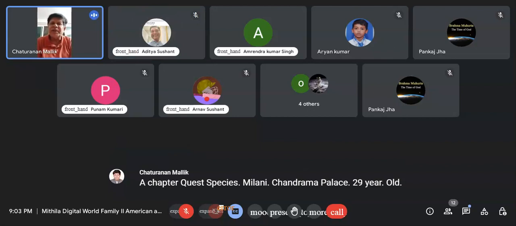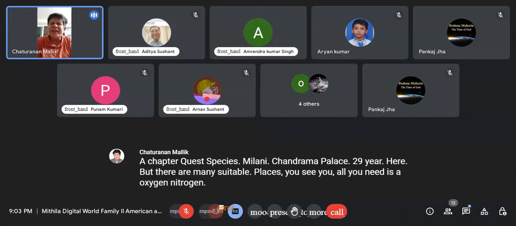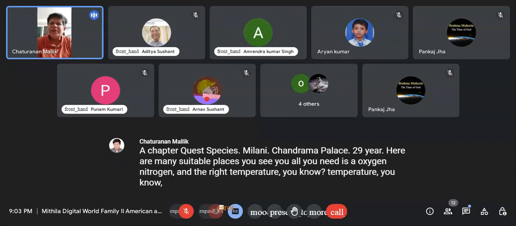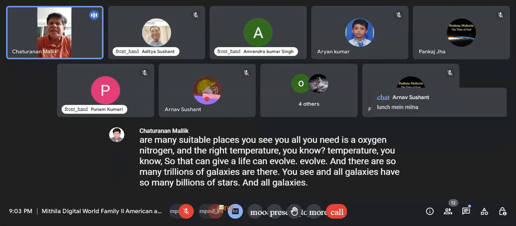But there are many suitable places. You see, all you need is oxygen, nitrogen, and the right temperature, so that life can evolve. There are trillions of galaxies, and all galaxies have billions of stars.